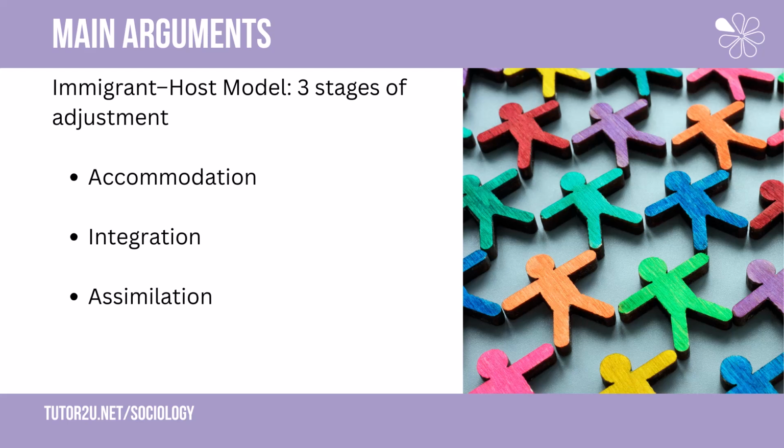The second stage, integration, sees immigrants gradually adopting mainstream values, behaviours and lifestyles, while still retaining aspects of their own cultural identity. The final stage, assimilation, occurs when immigrants are fully absorbed into the host society, losing most of their cultural distinctiveness and becoming part of the dominant culture.